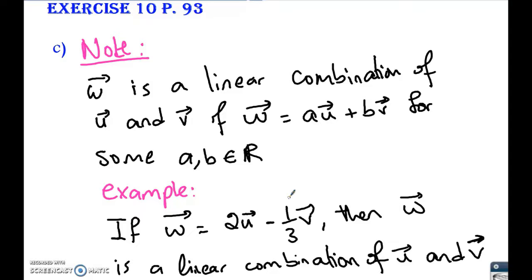Now back to the question. We want to write MN and QP as a linear combination of AB and BC. So let's start first with MN. I want to write MN as a linear combination of AB and BC.